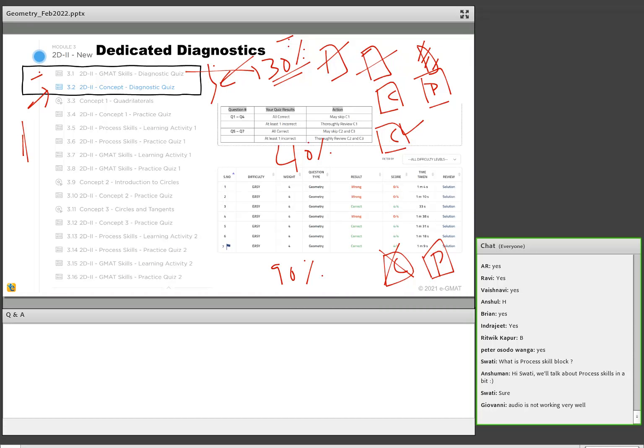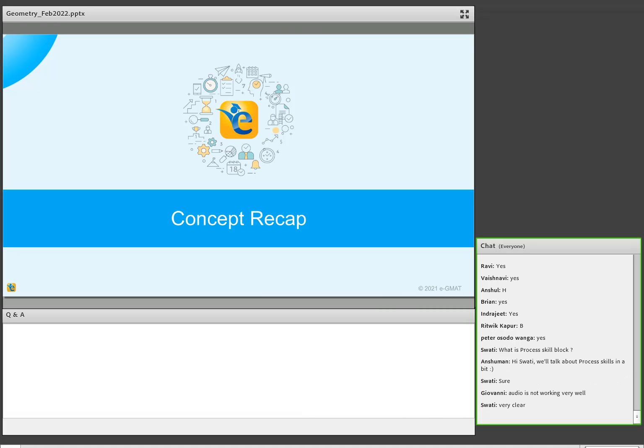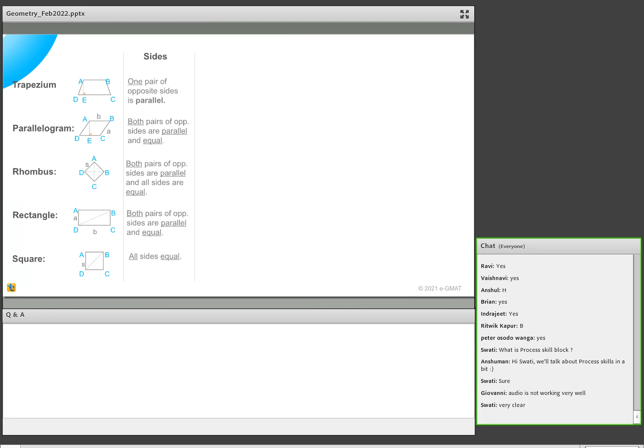Okay. Now, do pay attention to this slide. This is all the theory that you need as far as quadrilaterals are concerned for today. As far as GMAT is concerned, these are the various quadrilaterals that we typically see. You have trapezium, parallelogram, rhombus, rectangle, square.